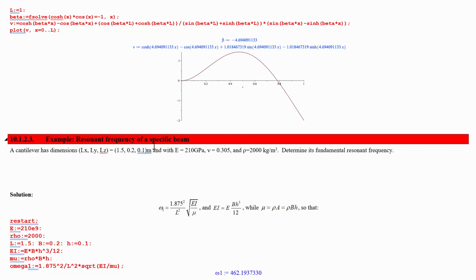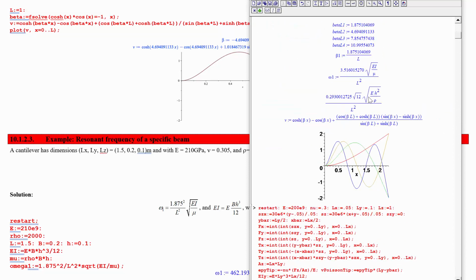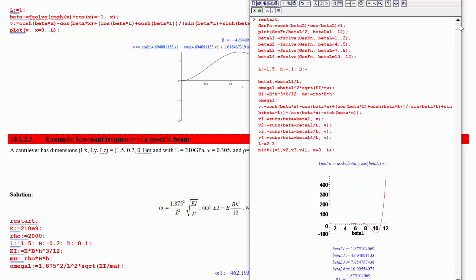Why would we say that? Because the thinner we choose for H, the lower the frequency. Remember that the frequency was proportional to H. So the lowest frequency, the fundamental frequency, is going to be the one where it's oscillating in the Z direction because it's thinnest in that direction.